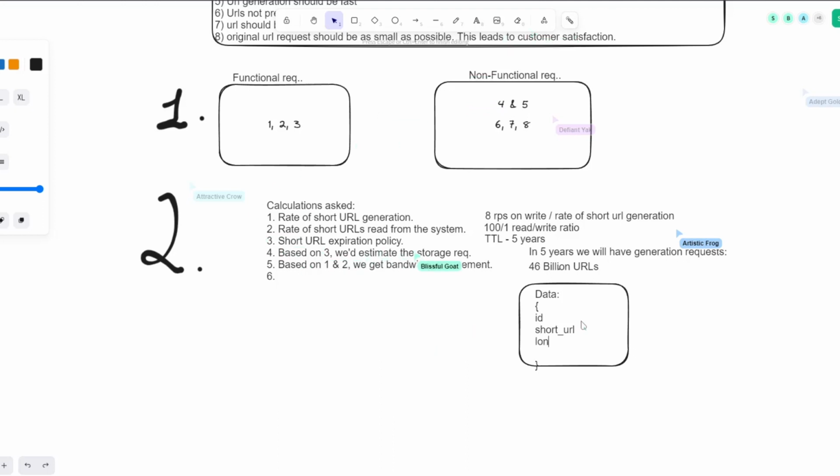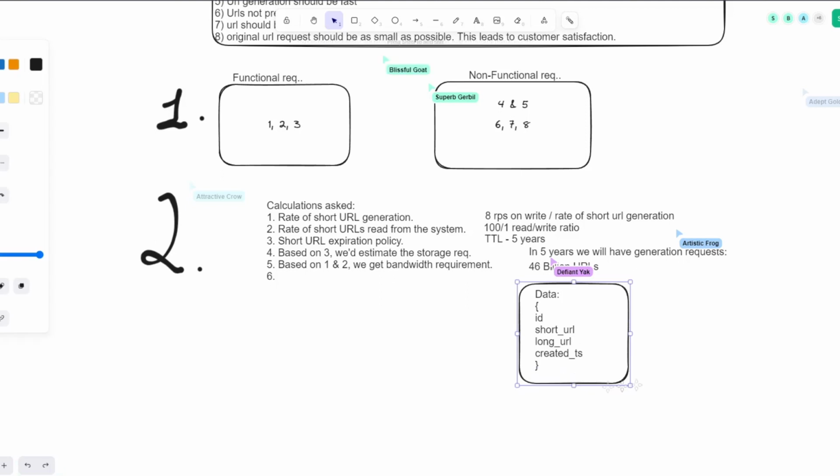Apart from that, some idea of our row if we're talking about a SQL database, for example. Then short URL, then long URL. What do we have to store more? Maybe a created timestamp. Yeah, that's great. Created timestamp. So that is our entity.